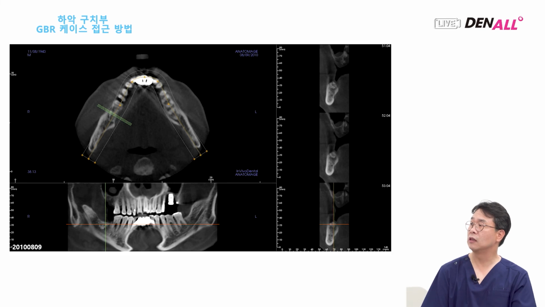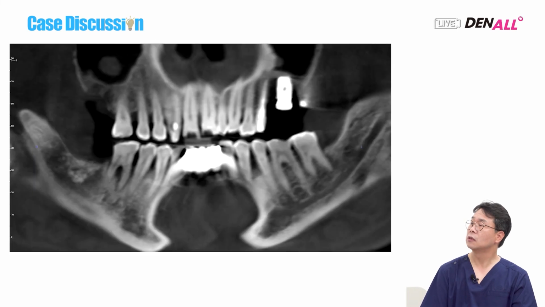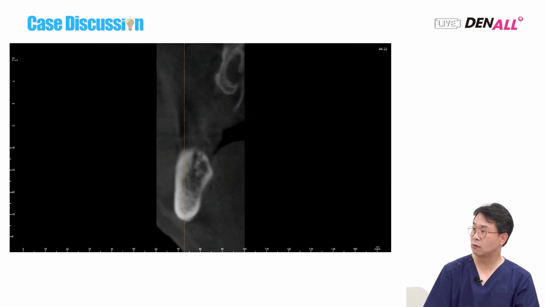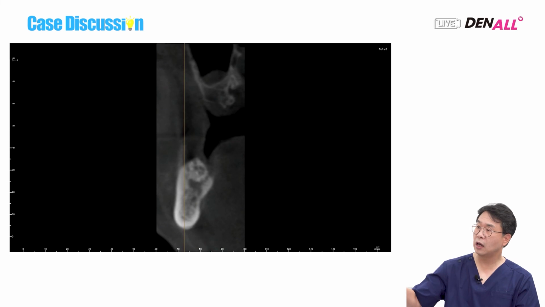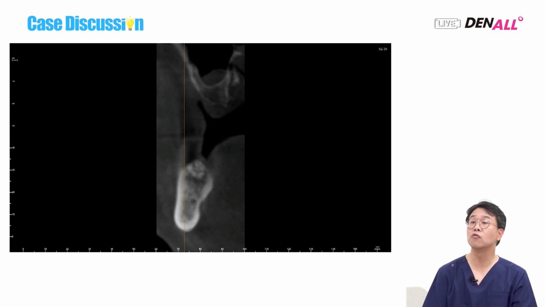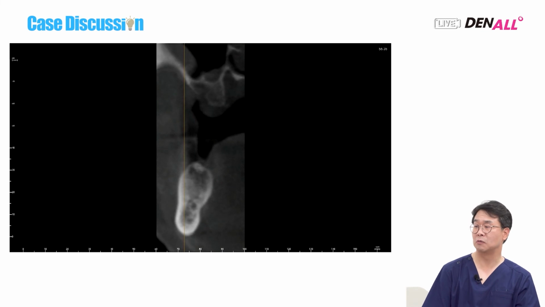If you look at the composition of the inside and the form, the graft was very successful, and I made a video out of it. The ridge form is very well maintained, and the height and width of the bone is enough to place implants in the mandible.